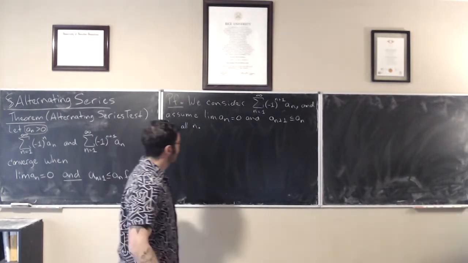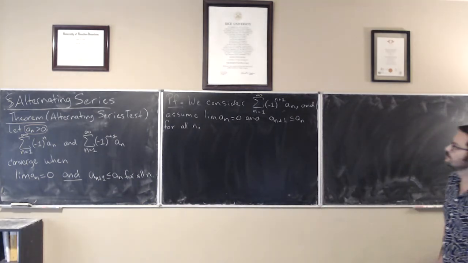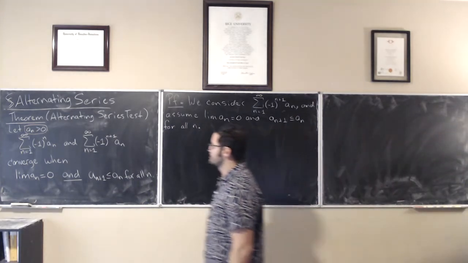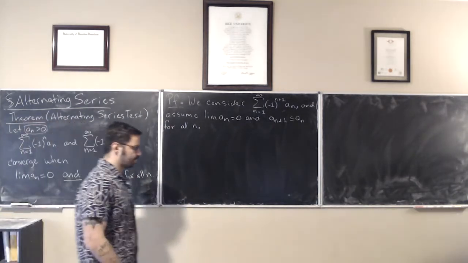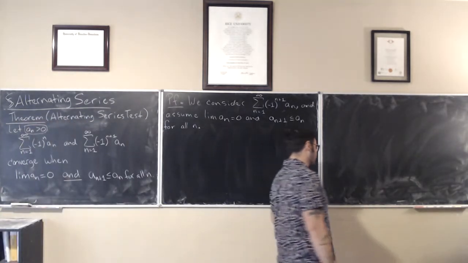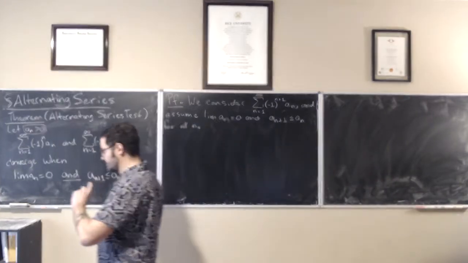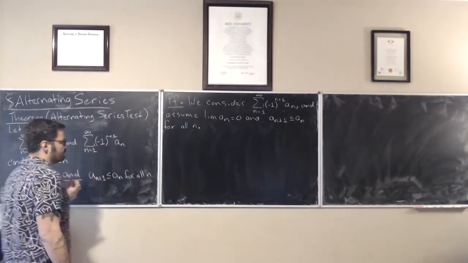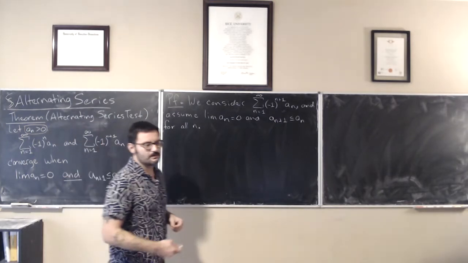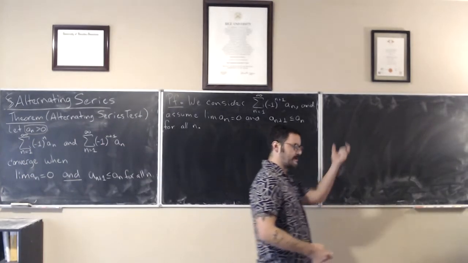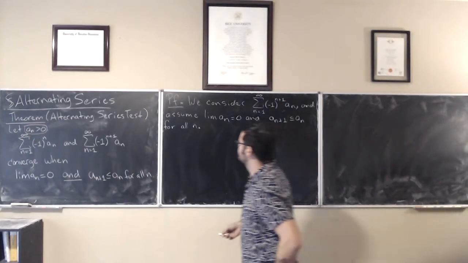Now, the trick that we can do is to look at the partial sums of this thing. If you think about it, we have positive, negative, positive, negative, positive, negative terms. If we look at an even partial sum, we can pair up the positives with the negatives.